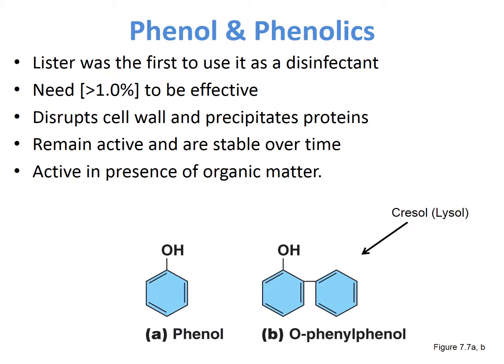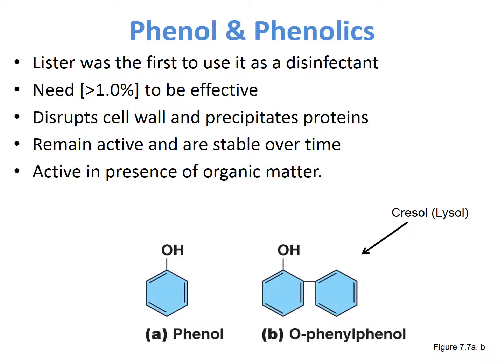With this slide, we'll begin our discussion of various chemical compounds and their effectiveness as disinfectants and/or antiseptics. If you turn to the table I gave you in class, you'll find phenols and phenolics listed under non-sterilants. These don't sterilize. Joseph Lister was the first to use phenol as a disinfectant.